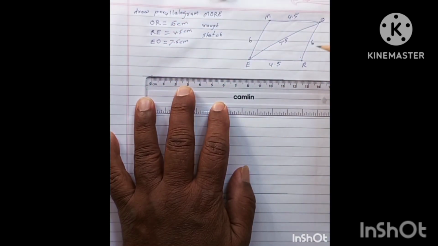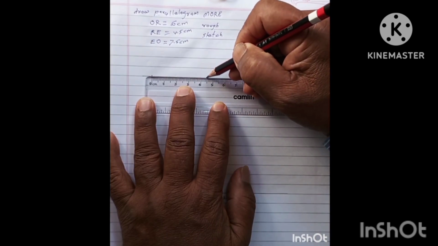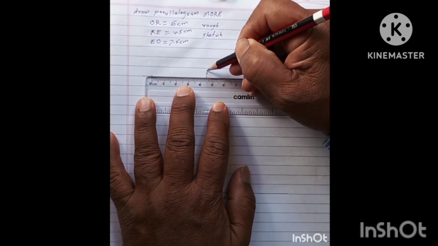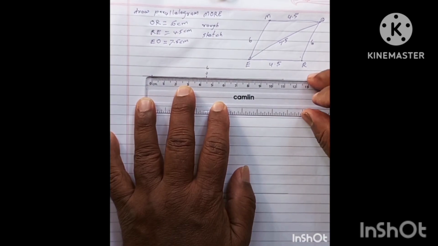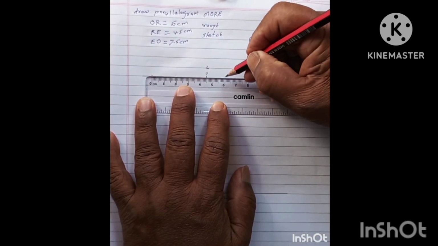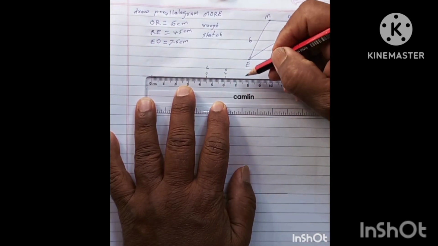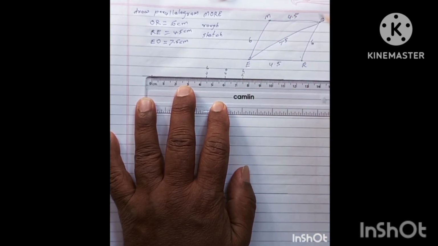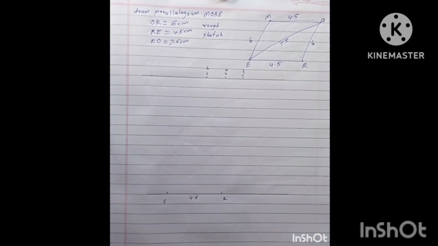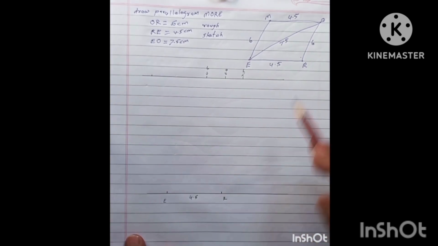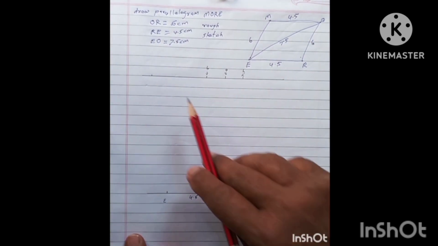Okay, you want 6, go in some order. Okay, see, taking 4.5, then 6, and then 7.5. Okay, 6 and 7.5. So don't make a mistake in taking this, and check whether they are correct or not, because that is the backbone of your construction.